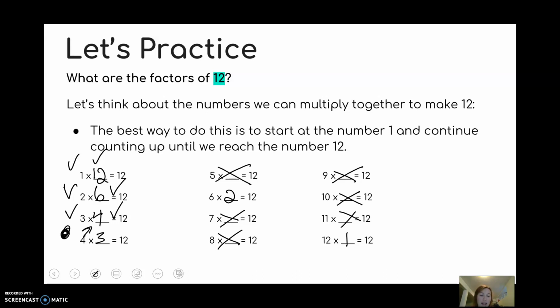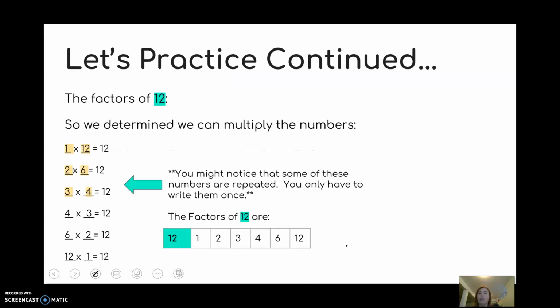So we're going to pause on this. I'm going to go to the next slide, and we're going to sort of review what we just learned here. So the factors of 12, we determined that we can multiply all of these numbers listed. If you notice, I've highlighted a few of those because we know that 1 and 12, 2 and 6, 3 and 4 are all factors of 12.